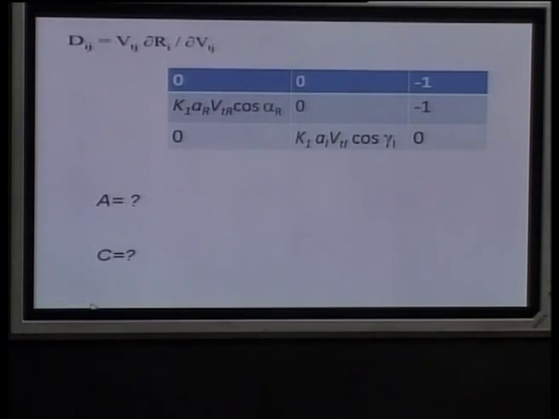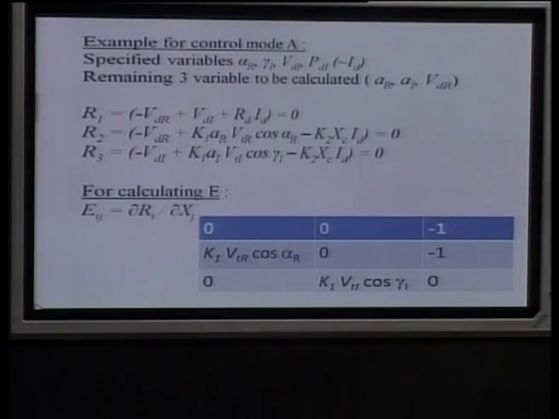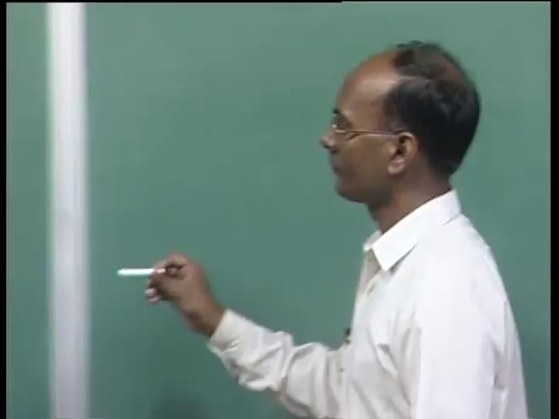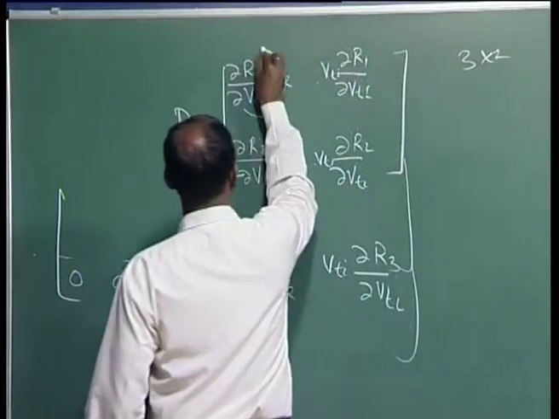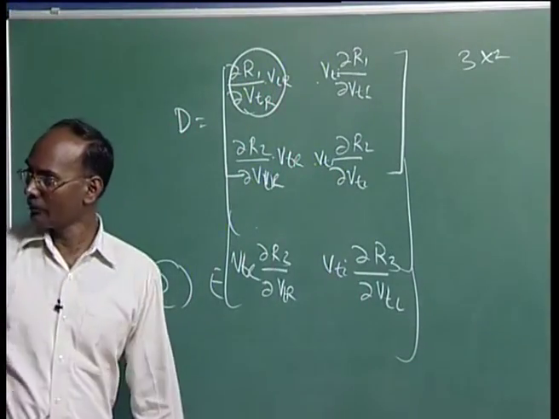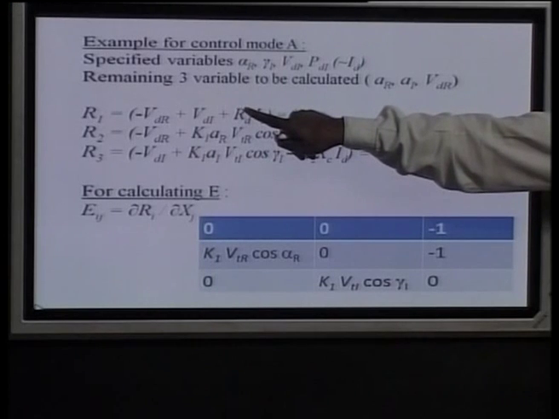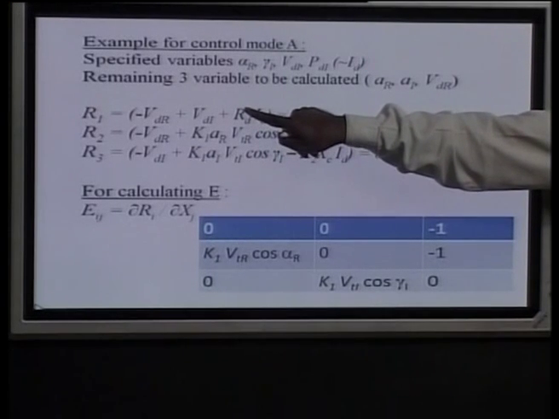Now, this R1, if you will see in R1 whether it is dependent on, you can just see this equation here, this R1. If you are differentiating R1 with the Vtr, here there is no Vtr. So, this term will be 0, because if you are differentiating R1 with the Vtr, there is no Vtr. So, it is 0.